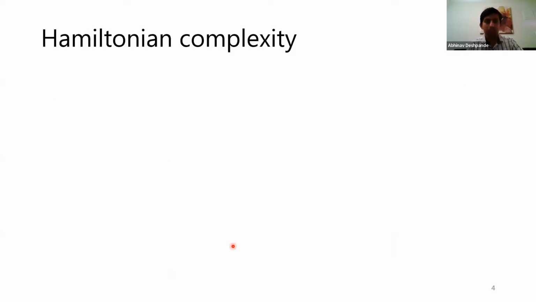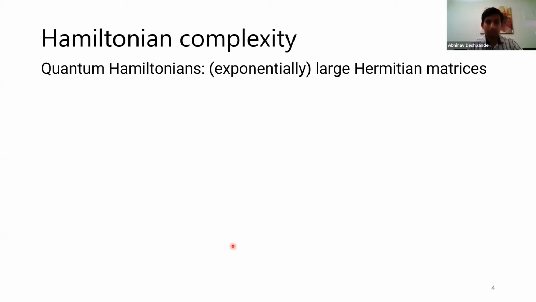Okay, and so one area that's born out of this is known as Hamiltonian complexity, where we typically study quantum Hamiltonians. And these you can think of as mostly being just some exponentially large Hermitian matrix. One of the important problems studied in this field is the so-called local Hamiltonian problem.